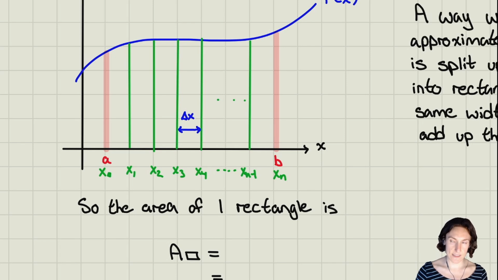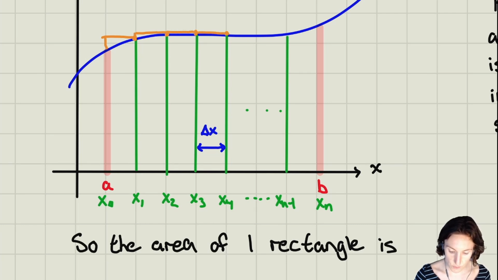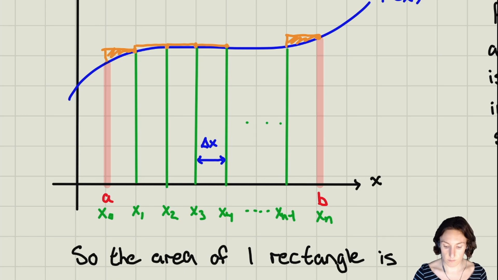What about the height? Depending on how I draw my line at the top, I'm going to over approximate or under approximate the area. What do I mean by that? Say on the right side, if I draw my point there and then draw the top of my rectangle across like this, point there, draw it across, point here, draw it across, I'm over approximating, because I'm above this blue line.